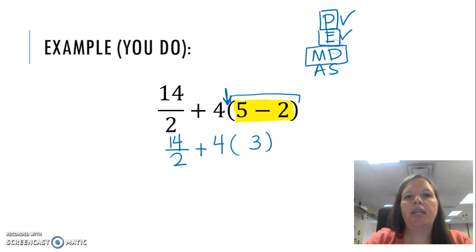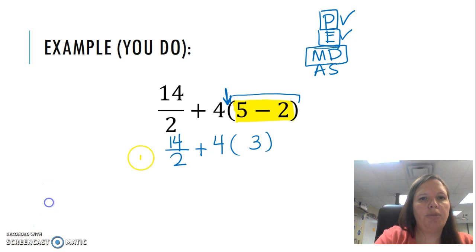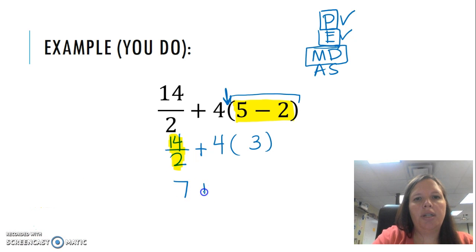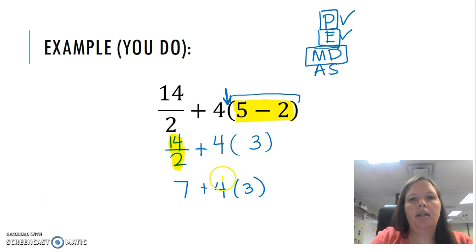Okay, next priority, multiplication and division from left side to right side. So starting on the left here, I have a division problem. 14 divided by 2 gives me 7 plus 4 parentheses 3. All right. Looking left to right, do I have any more multiplication or division?